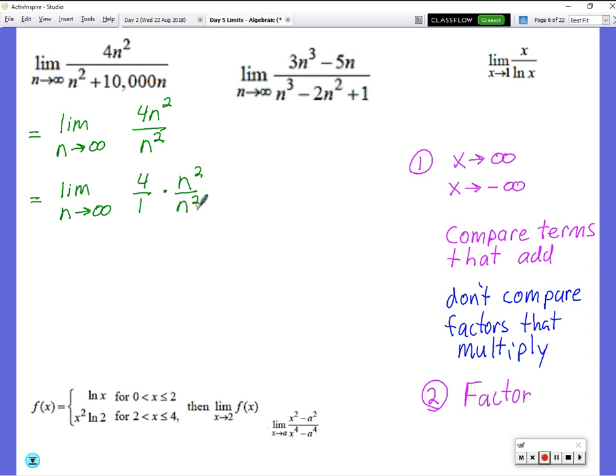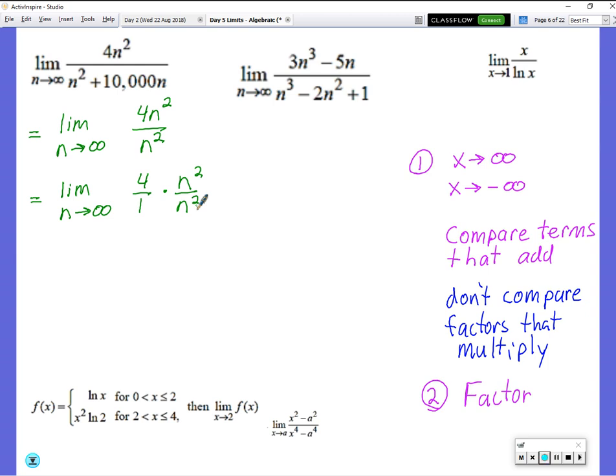Questions? Okay. The problem hasn't changed. All that's changed is, because of the fact that n is approaching infinity, and because of my knowledge of how power functions work, I've been able to take a complicated limit problem and create an equivalent, simpler limit problem.